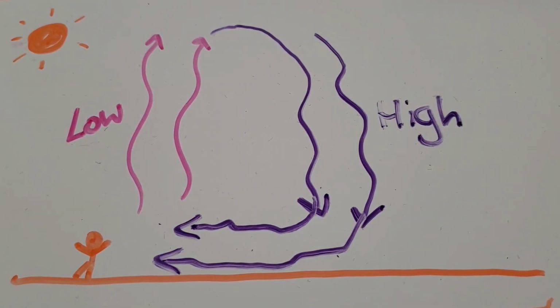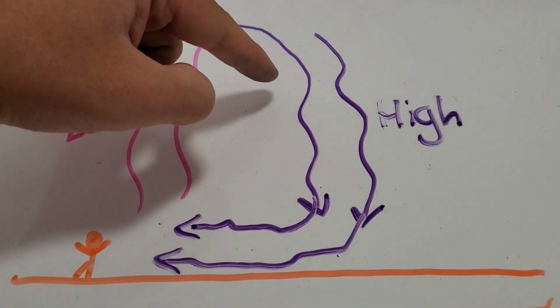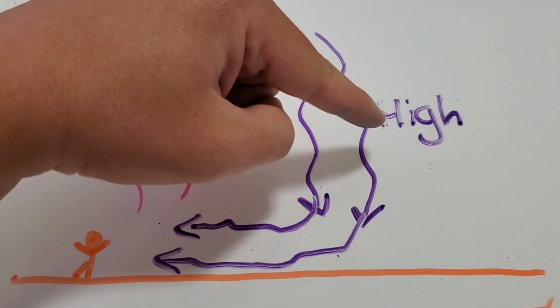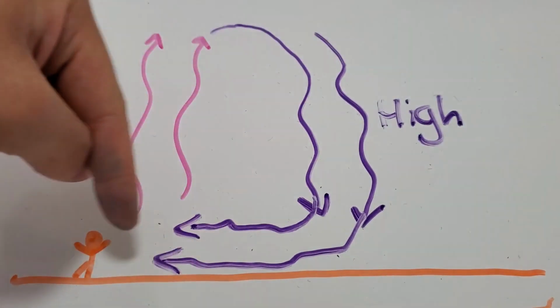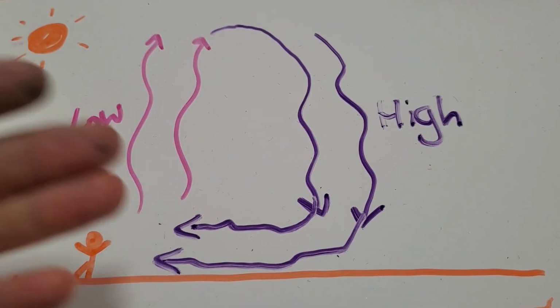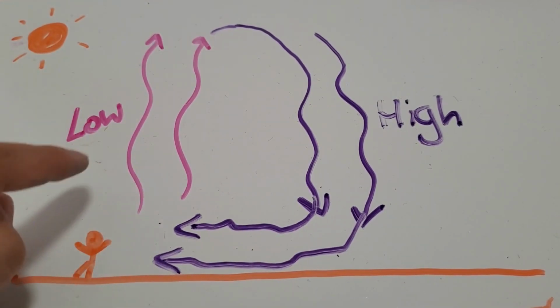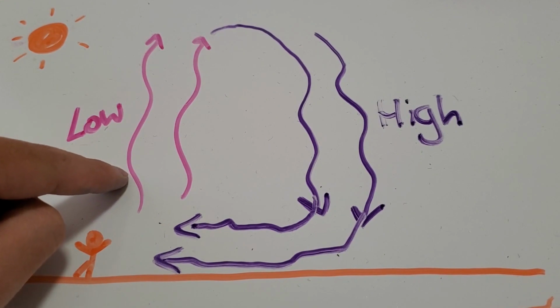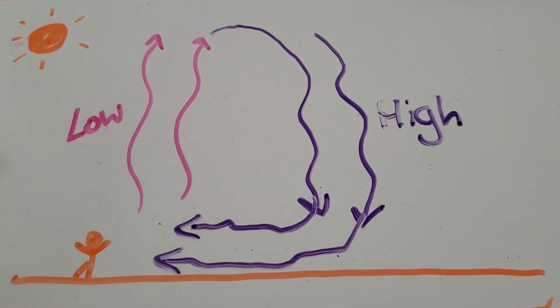So, in sum, when we feel the wind, we're feeling air moving from a high pressure area to a low pressure area to basically fill in the gap that this warm air left behind as it rose up from convection.